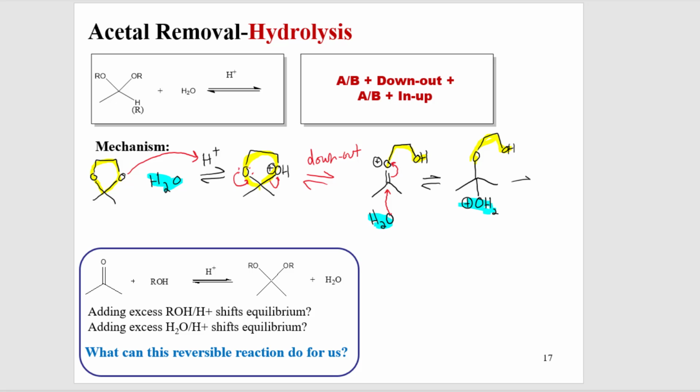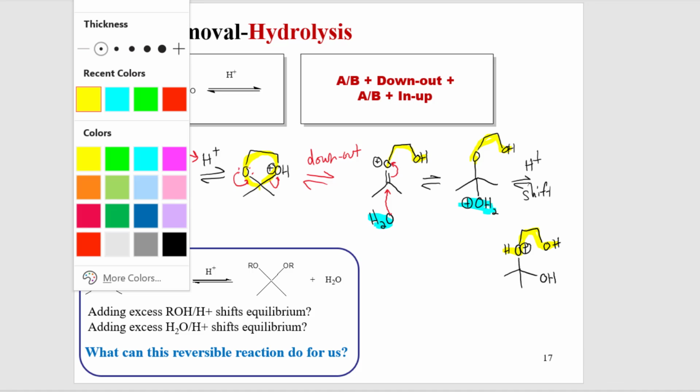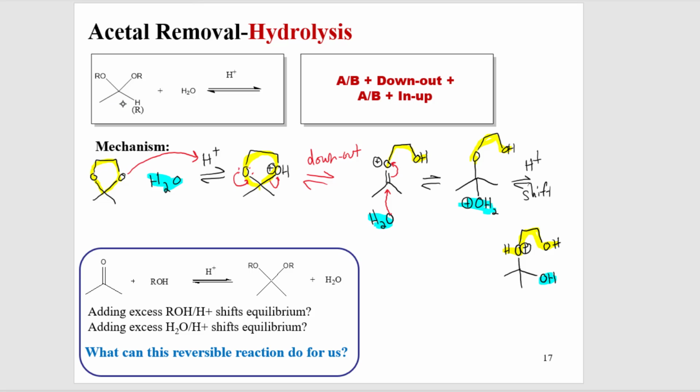Then we're going to do a proton shift, acid-base chemistry, because I want the yellow oxygen to leave happy, and I need to remove an extra proton from the water I just put on. So we're going to see to it that my yellow acetal system is now ready to leave as a happy molecule. And my water is now deprotonated so it can use its electrons to do the final push out, down and out.